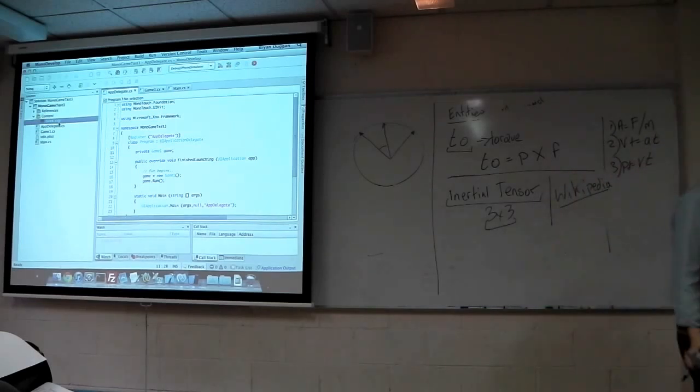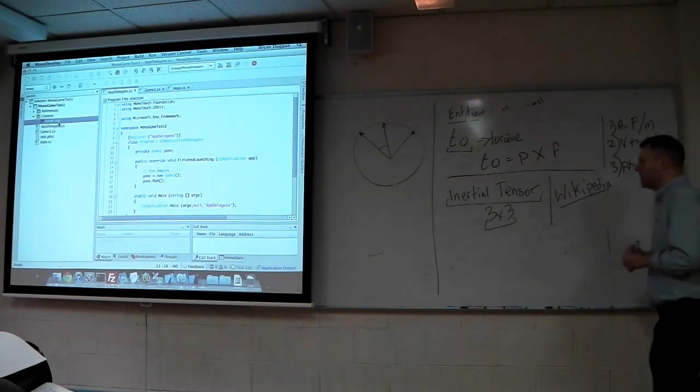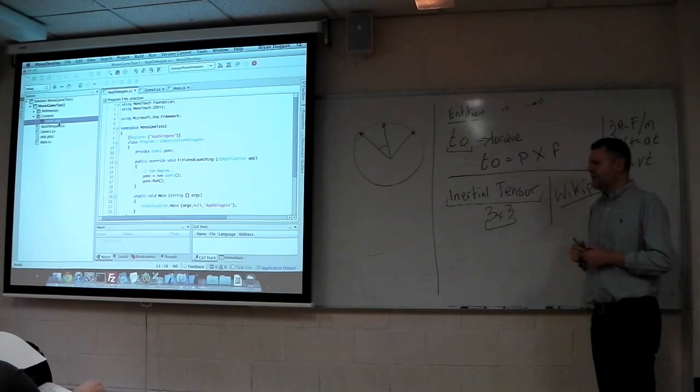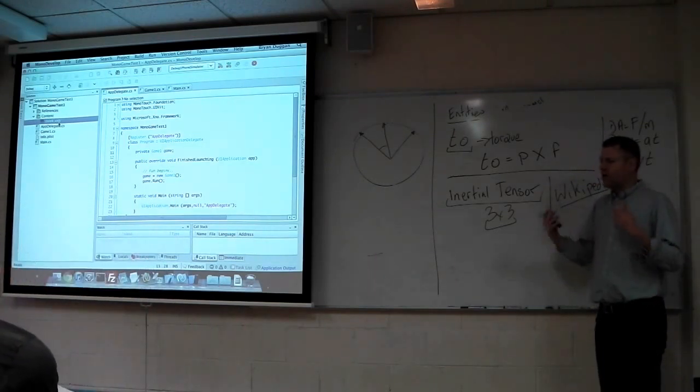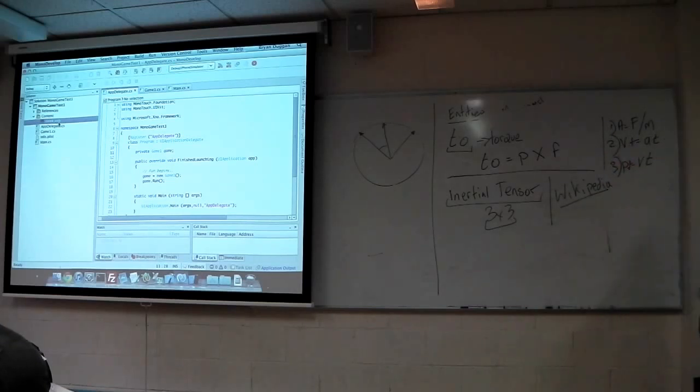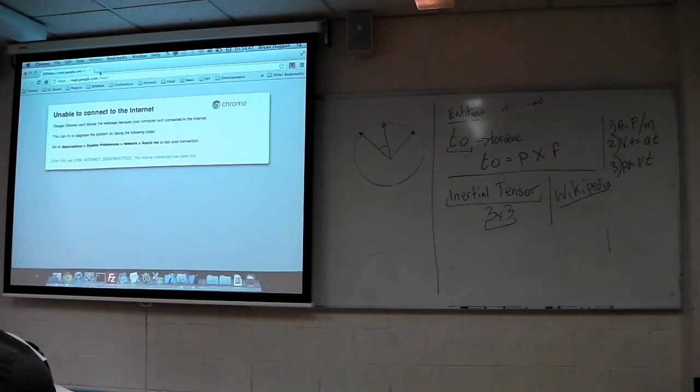Let's look it up on Wikipedia. I'll show you. Again, this is something you don't need to know. When you create an object in the physics engine, one of the things you have to set up is the shape of the object. You tell it whether it's a square-shaped object, a round-shaped object, and that determines the inertial tensor. And then it goes and generates the inertial tensor for you.